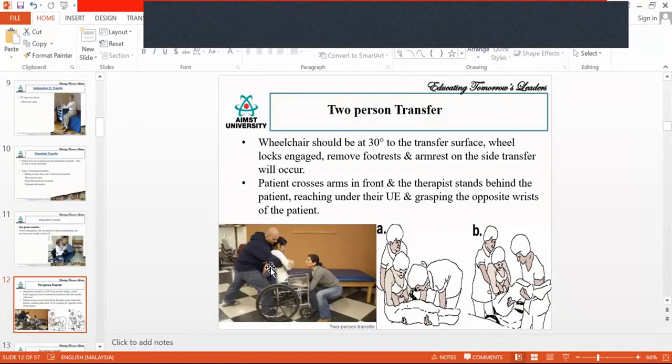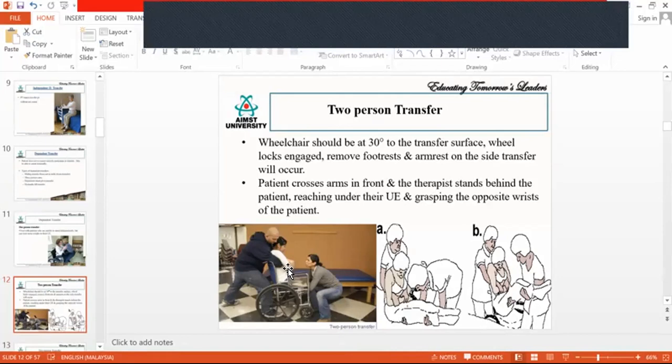Then one person has to hold the patient's scapular. You should not hold at the armpit. If you hold at the armpit, when you are lifting, the patient might end up with shoulder dislocation. So always hold at the scapular.